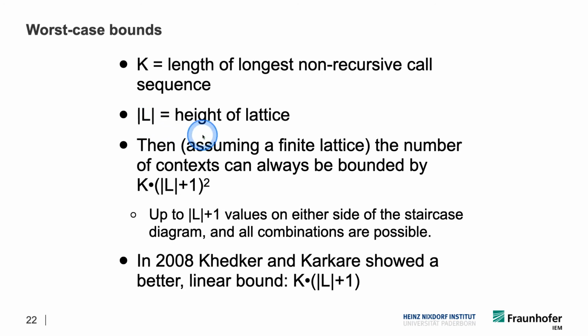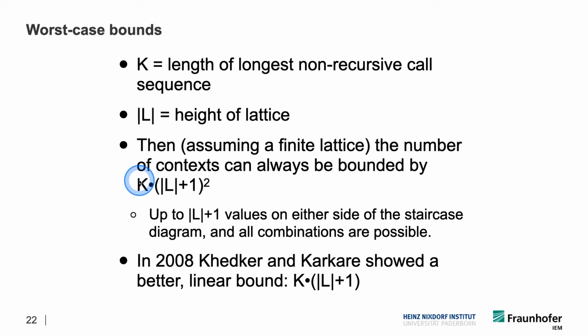Okay. Then, assuming that you have a finite lattice with a finite height, the number of contexts can always be bounded by that number. But you can see, it's not exponential, so that's good. But it's already pretty large, right?